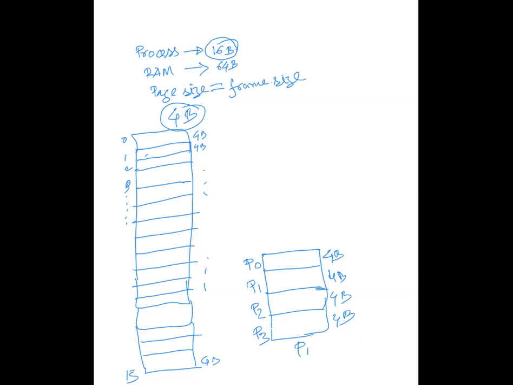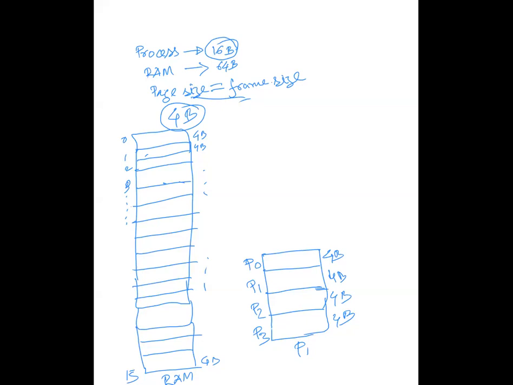Depending on the frame size, RAM is divided into partitions, and depending on page size, your process is also divided into parts.